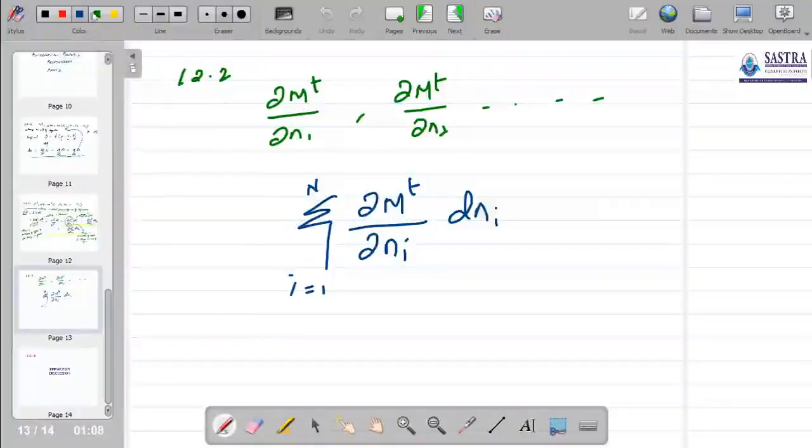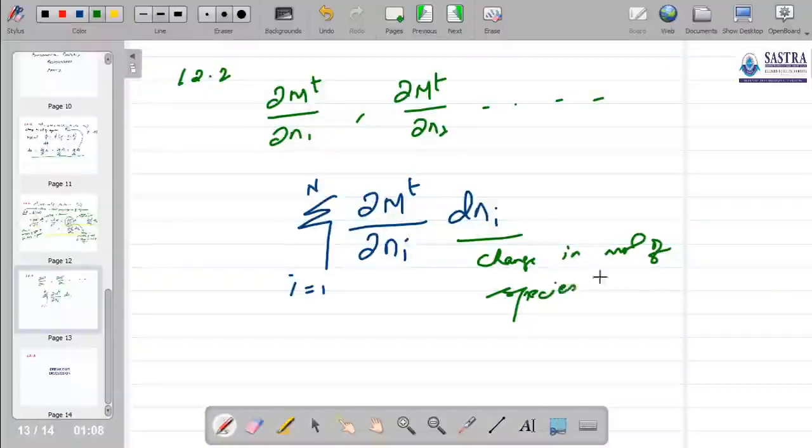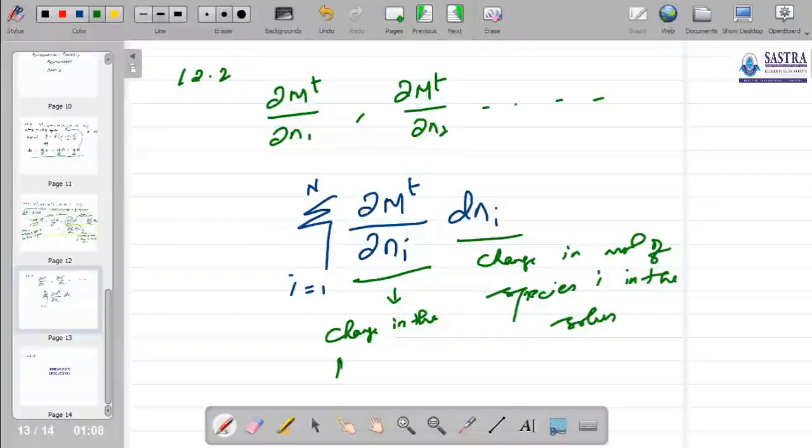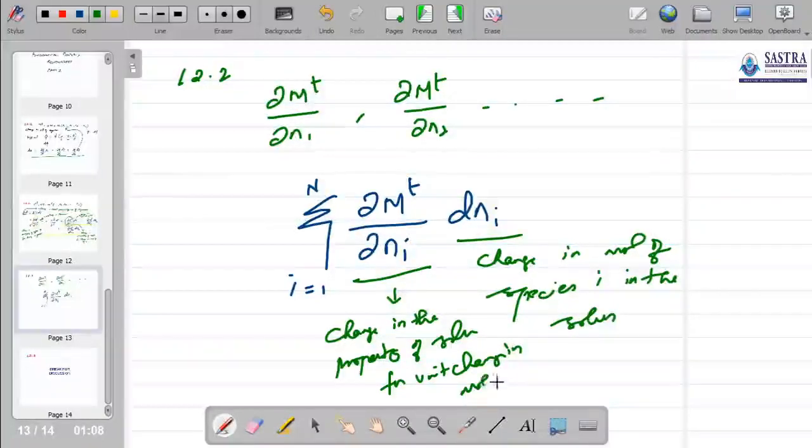Again, if you recollect, dn_i talks about the change in moles of species i in that solution system, whereas this entire term talks about the change in the property of the solution for a unit change in moles of species i, right?